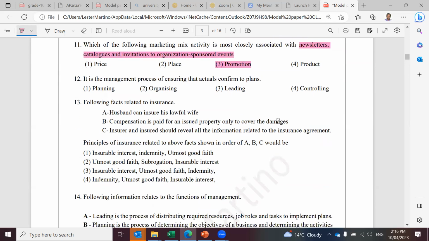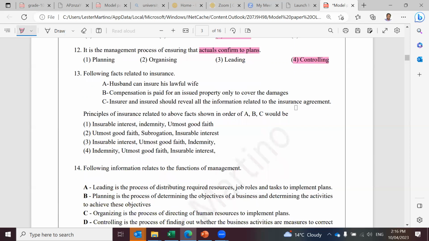It is the management process to ensure actual performance conforms to plans. You compare the actual outcome with the planned outcome. That's called controlling. The following facts relate to insurance. A husband can insure his lawful wife.